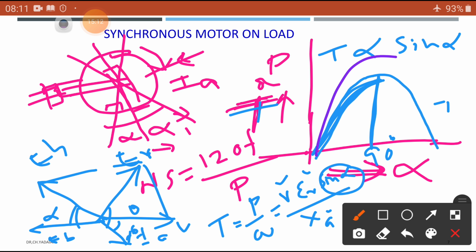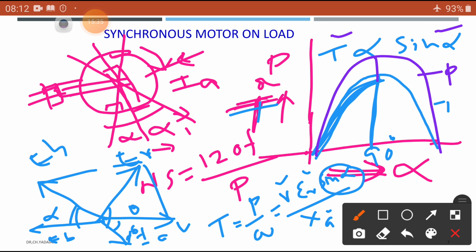If you draw this, this is the power equation. Both are at maximum at 90 degrees. That means if alpha changes, torque changes. If torque changes, power taken from the supply also changes.